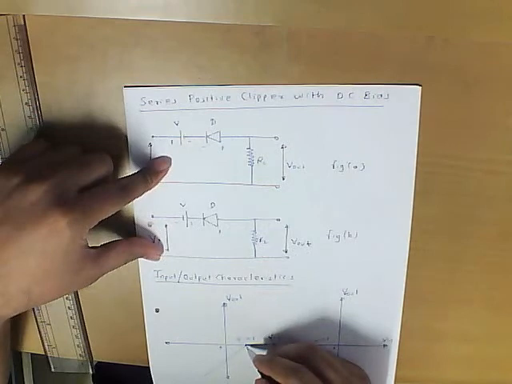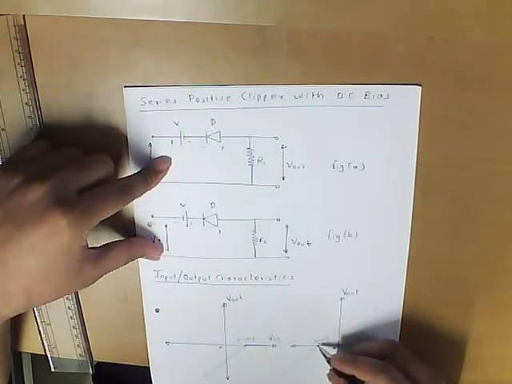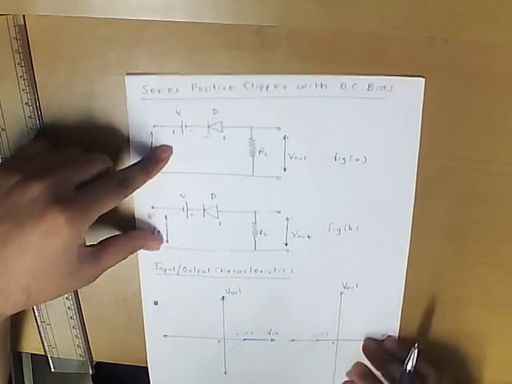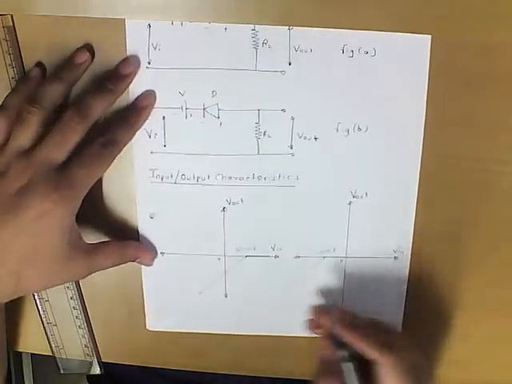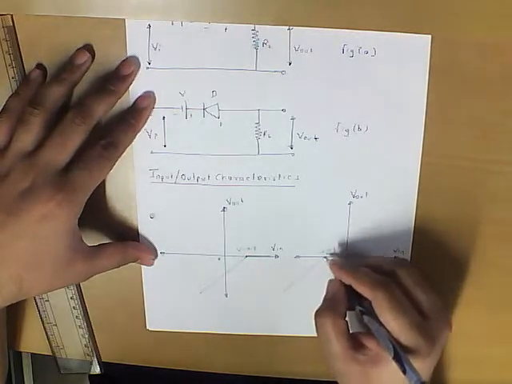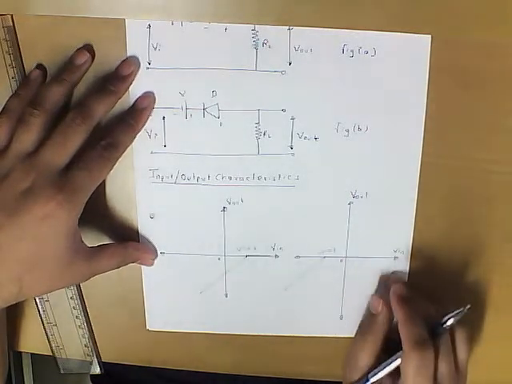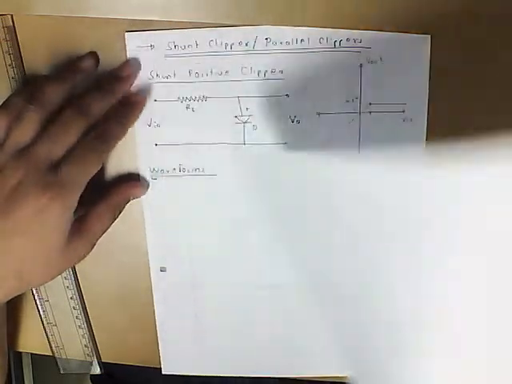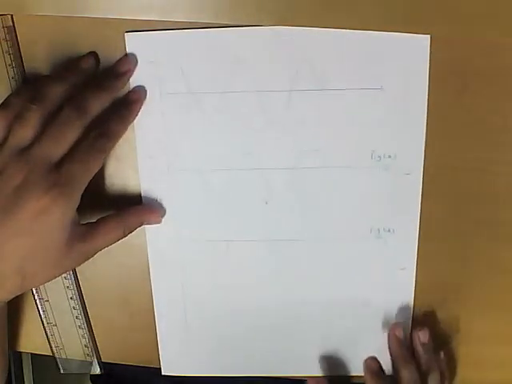So we have 2 points, plus V and minus 0.7, and here we have minus V and minus 0.7. So these are the two output characteristics for figure A and figure B. Now let us look at the waveforms again.